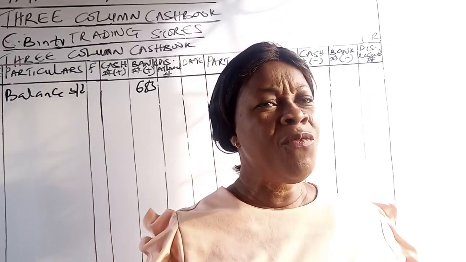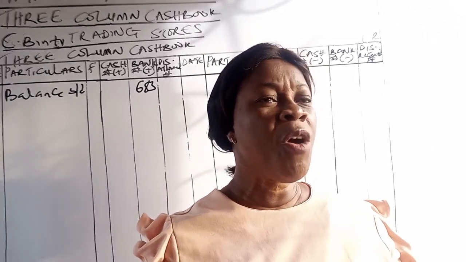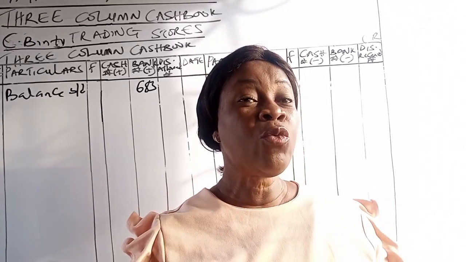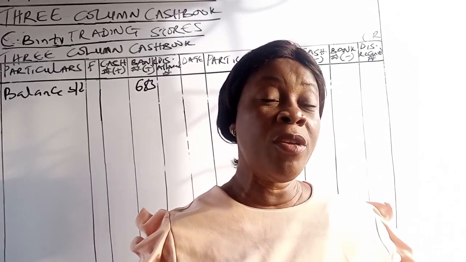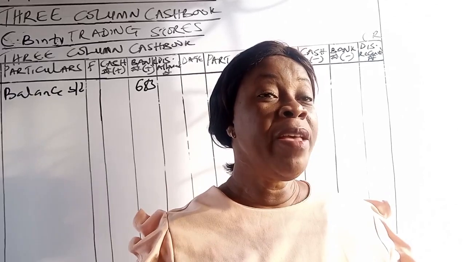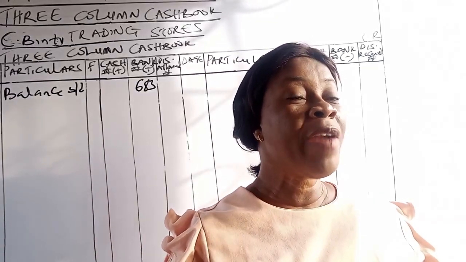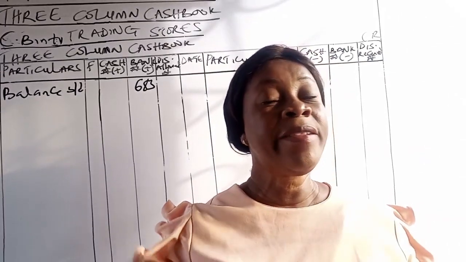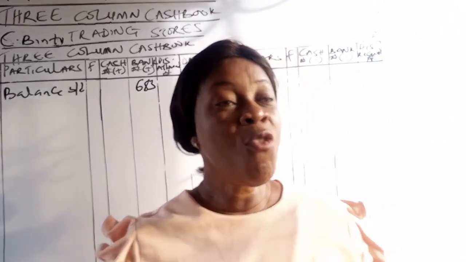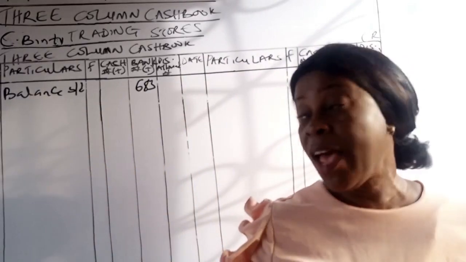Now, it's worthy of note that whenever it is stated that the money withdrawn from bank is for office use or for business use, that is, whenever there is no clarification of what the money was withdrawn for, it means it is for office use. So in that case, we are going to credit bank and debit cash, which makes it a contra entry, movement from bank account into the cash account.